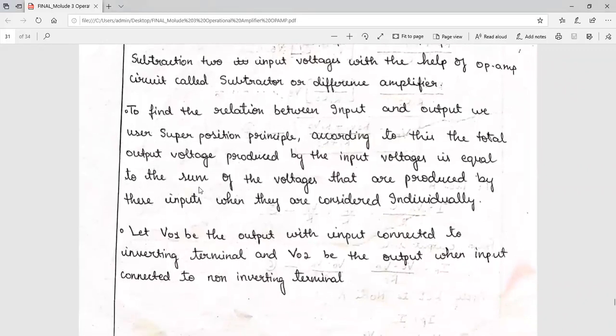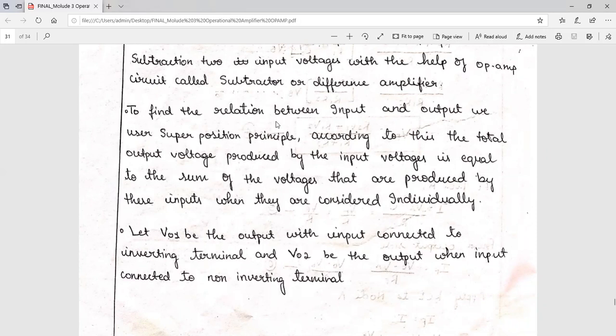Let V output 1 be the output with input connected to the inverting terminal. Clear? That is, I will be getting one particular output, V output 1, if I give the input only to the inverting terminal. And let V output 2 be the output when input is connected only to the non-inverting terminal.